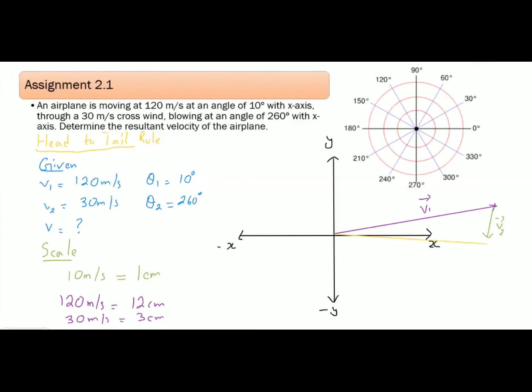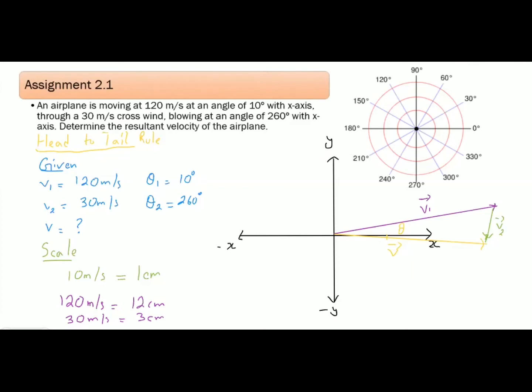It will somehow look like this. The yellow vector is the resultant velocity vector, while its direction with the x-axis is equal to theta. So v is the magnitude while theta is its direction.